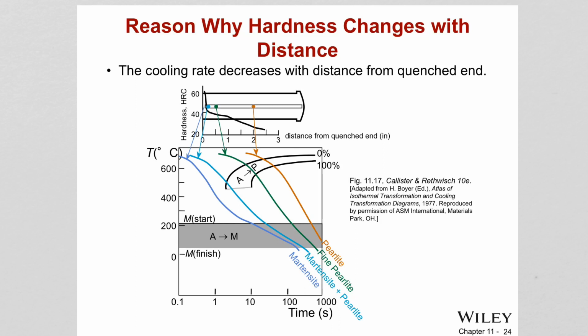But then from austenite we're going to form martensite and pearlite as we go to lower cooling rates and move away from the quenched end. And then it will be fine pearlite and then pearlite as we go to slower cooling rates. So pearlite at slow cooling, fine pearlite with a little faster cooling, martensite and pearlite with faster cooling, and if you have very quick cooling at the quenched end, you have martensite.